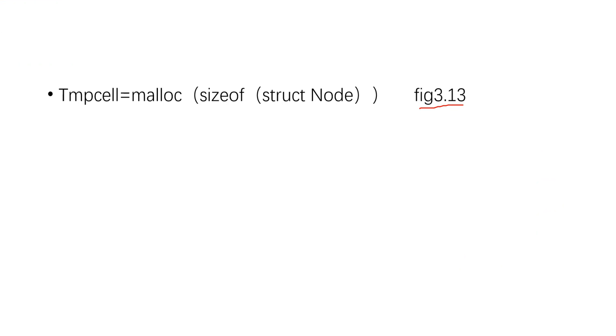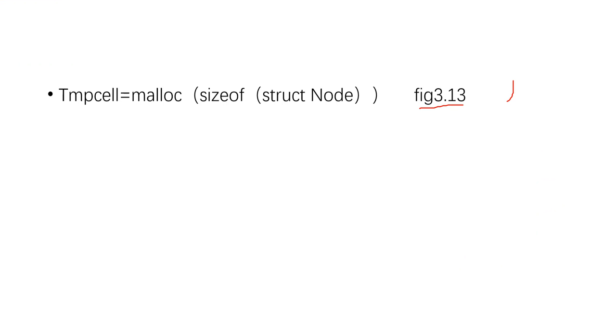It looks like this: temp cell equal to malloc size of structure node. That's on page 49.